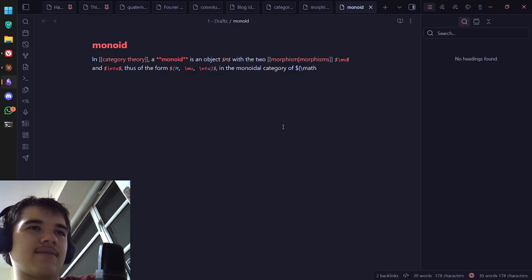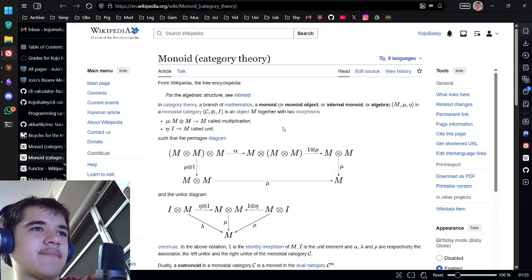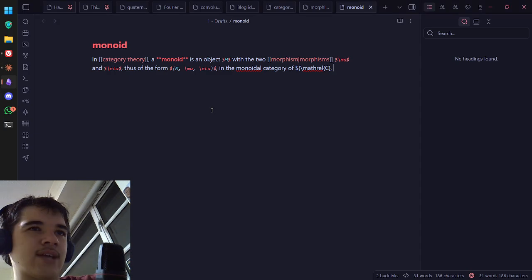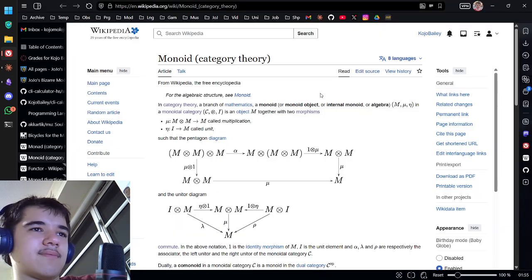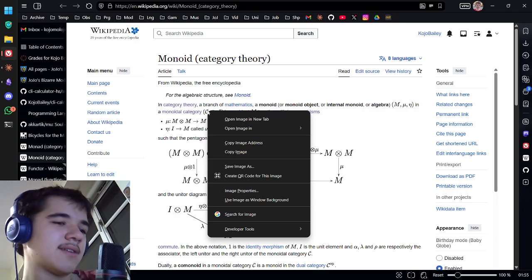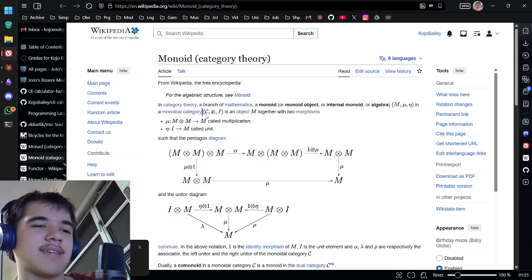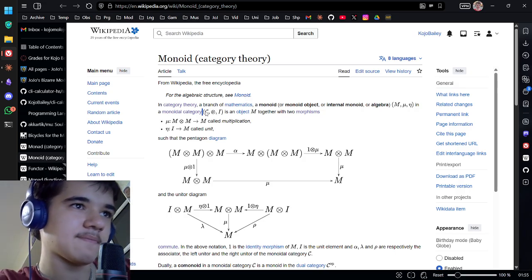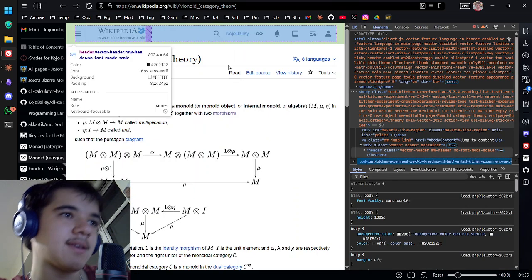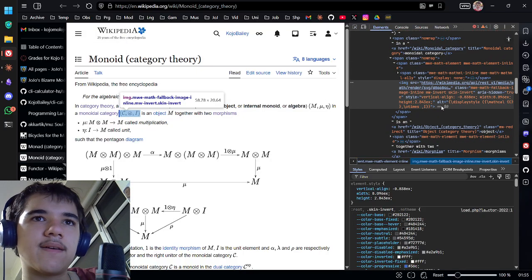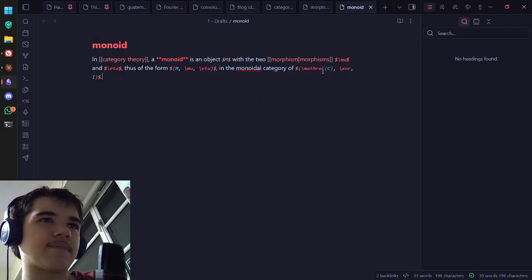So math rel, I think it was C. What the hell? Is that XOR? And I. It's not XOR. Okay, I got this wrong already. I keep making notes by accident. Control Shift I, not Control Shift C. There you go. Math cal and O times. Okay. Math cal O times.